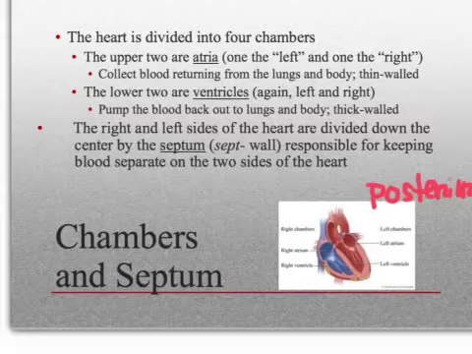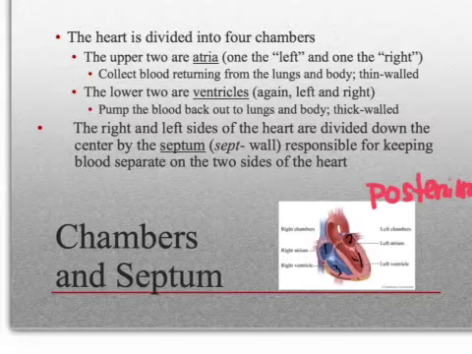So we have 1, 2, 3, 4. So 1 and 2 are the atria. Atria is plural, singular is atrium, and it means room in Latin. So the upper 2 rooms of the heart are for collecting purposes. They collect the blood when it returns from the lungs or from the body. They're very thin-walled. They basically are just a hollow chamber.